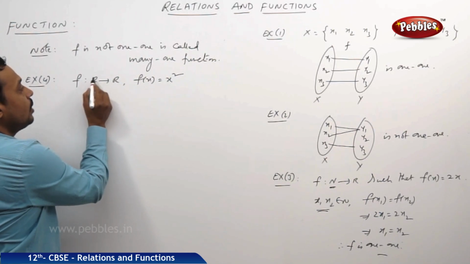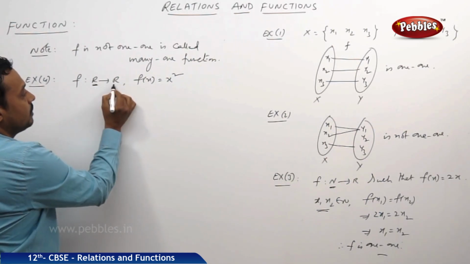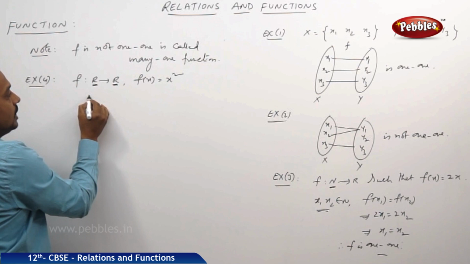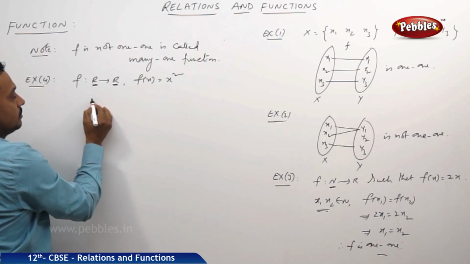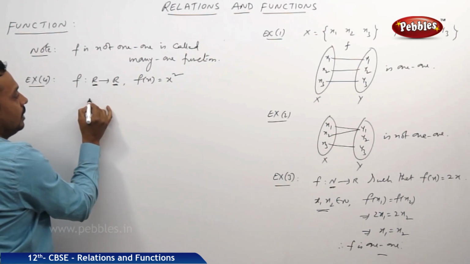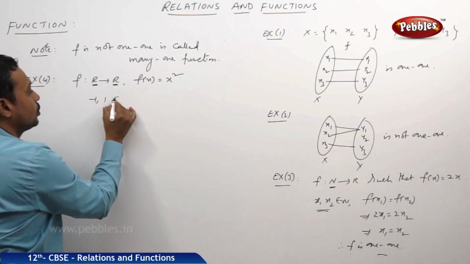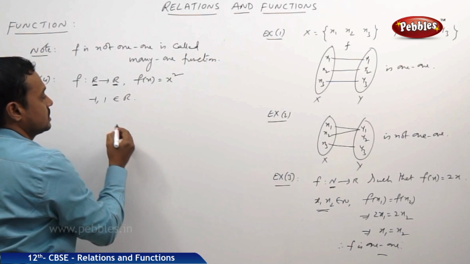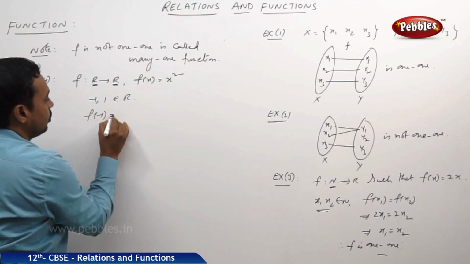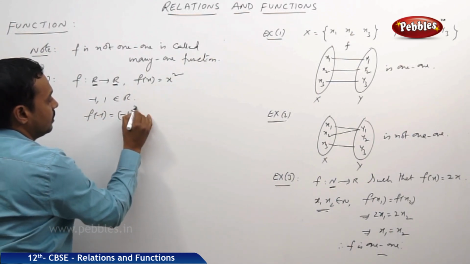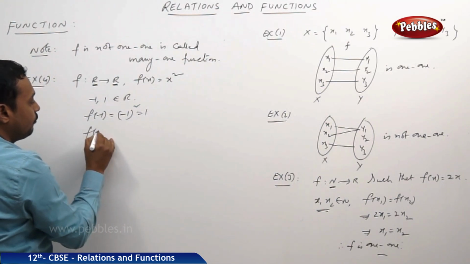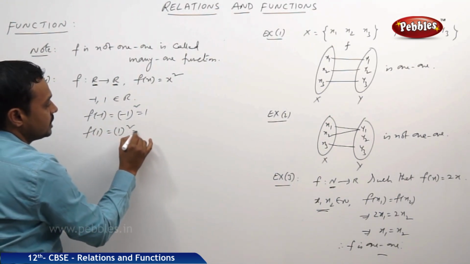Now let us see, is it 1-1 or many-one? R to R means that here R is the set of real numbers to the set of real numbers. So let us take two numbers here, probably -1 and 1. Both -1 and 1 belong to the set of real numbers. Now f of -1 is equal to -1 whole square, that is equal to 1, and f of 1 is equal to 1 square, that is also 1.